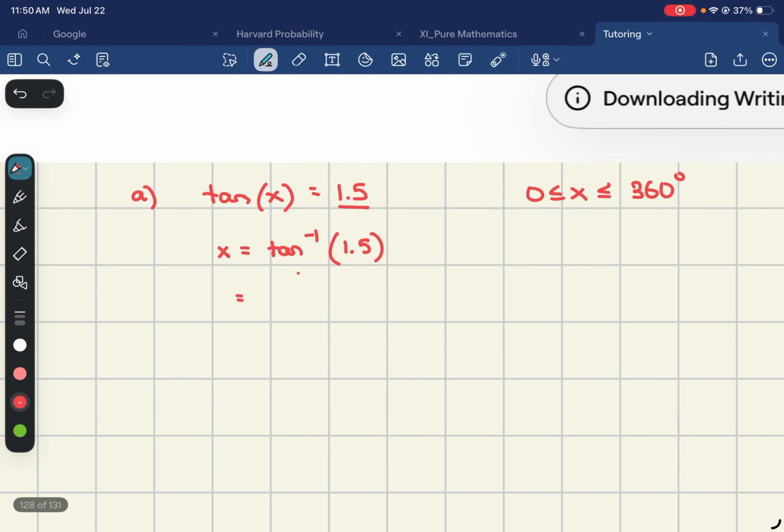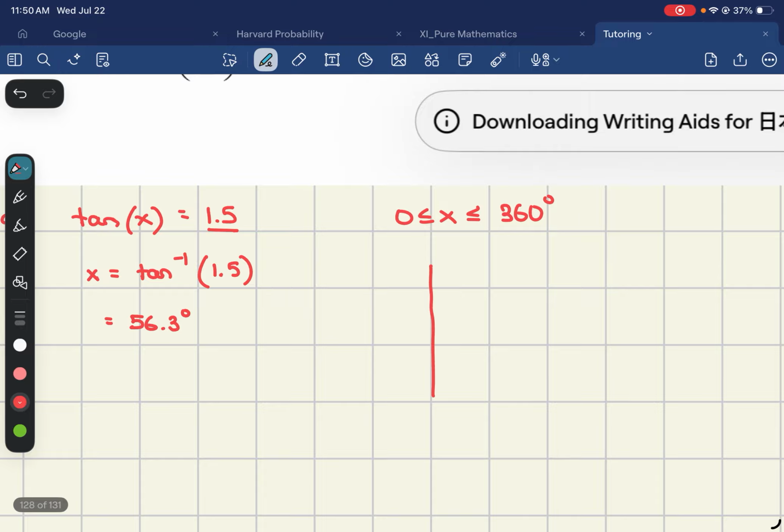So we have tan inverse of 1.5. If you put that in your calculator, you get 56.3 degrees to 1 decimal place. Now because tan repeats, if you remember, tan is positive in the first quadrant because all trig functions are positive in the first quadrant.